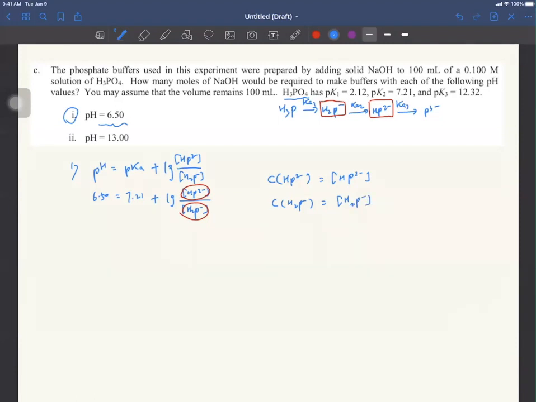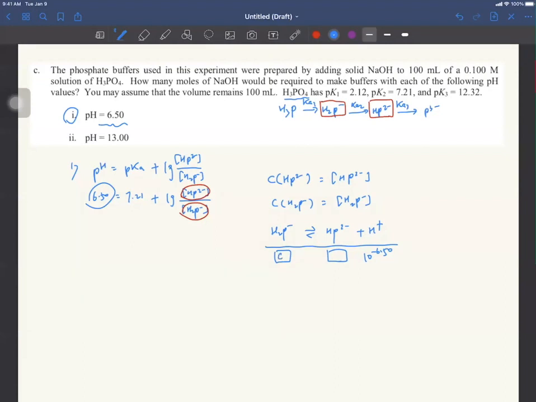That's because the change of each is very minimal, negligible. For example, we know the H2PO4 minus will reach equilibrium with the HPO4 2 minus through this reaction, right? The molarities of these two are relatively big, but the H plus, as we know, is 10 to the negative 6.5, which is very, very small. So there is a change.